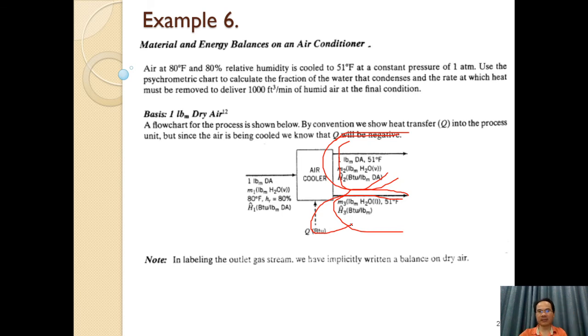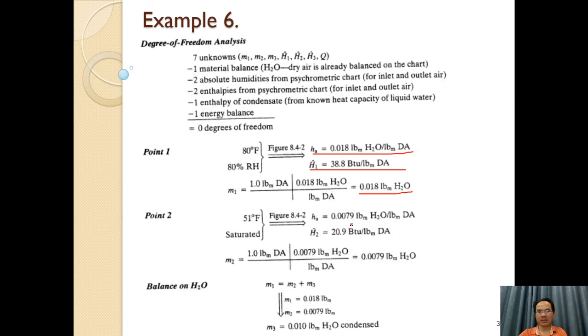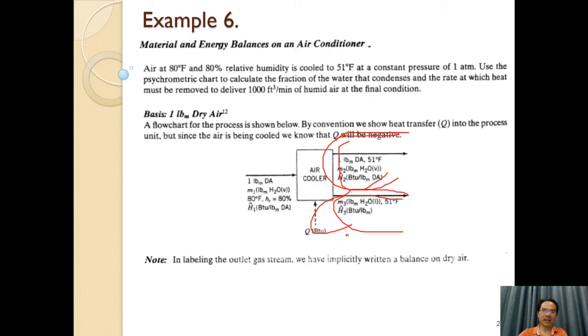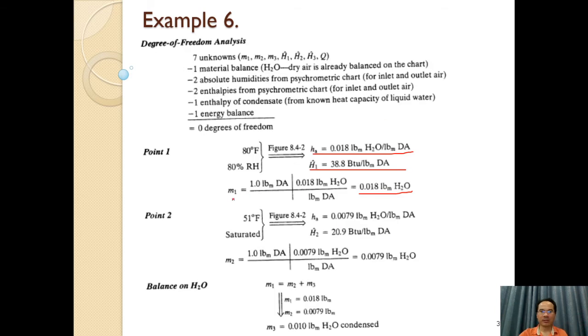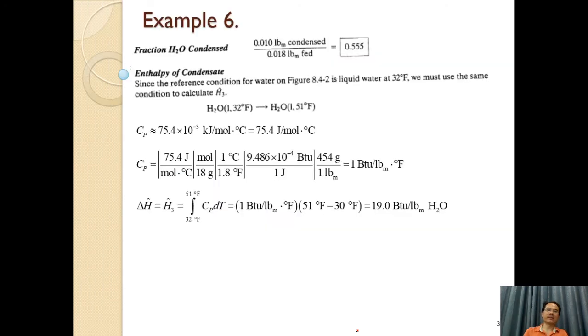There is no generation, no consumption, and no accumulation. M1 as water vapor is equal to M2 as water vapor plus M3, the mass of liquid water. You know M1, you know M2, and then you can solve for M3, about 0.01 pound mass water as condensate.